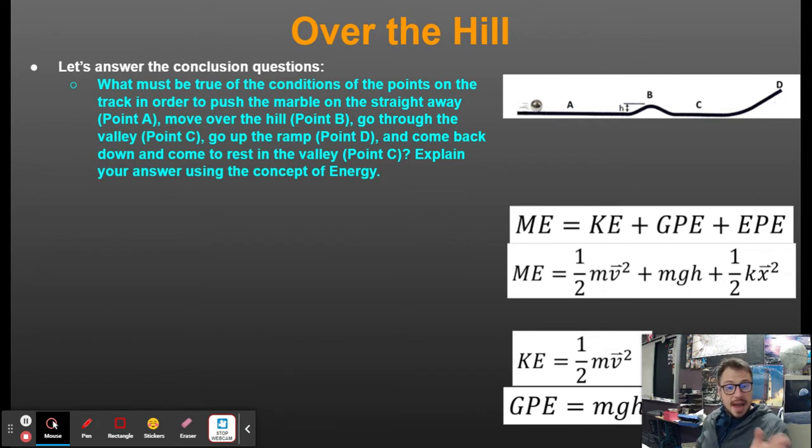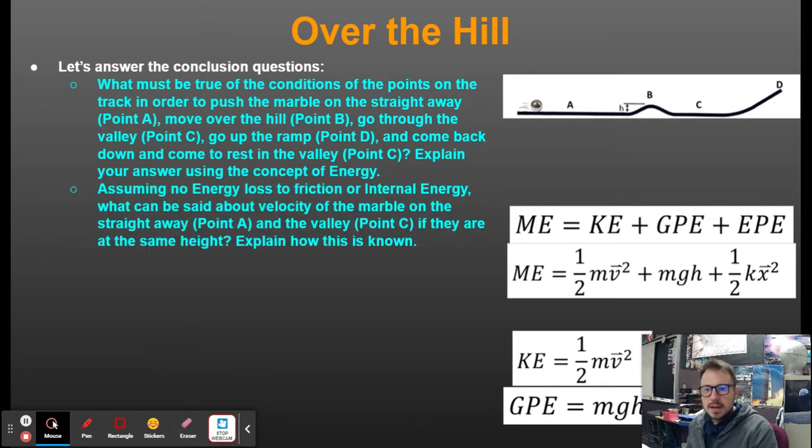The ramp has to be taller than the hill, right? Point D has to be taller than point B because all of that mechanical energy has to be transformed into gravitational potential energy. If there's any kinetic energy left over, it's going to fly right off the ramp. So assuming no energy lost to friction or internal energy, what can be said about the velocity of the marble in the straightaway and the valley, point A and point C, if they're at the same height?